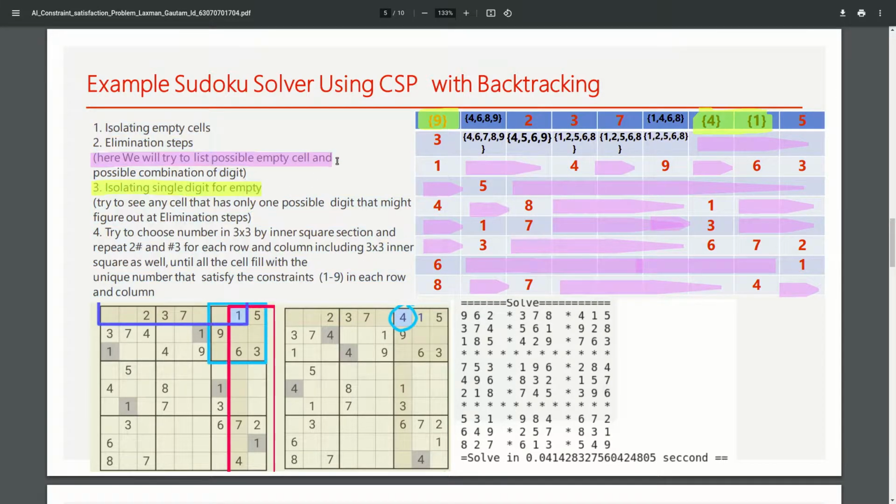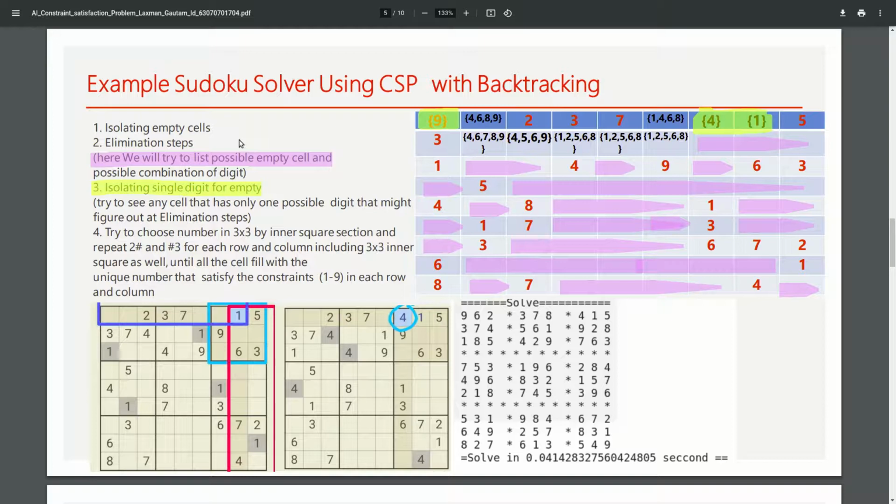In the first step, we try to isolate the empty cells. Suppose in the Sudoku we have 81 cells, and if in the initial state 20 are pre-filled, then we roughly have 61 empty cells.